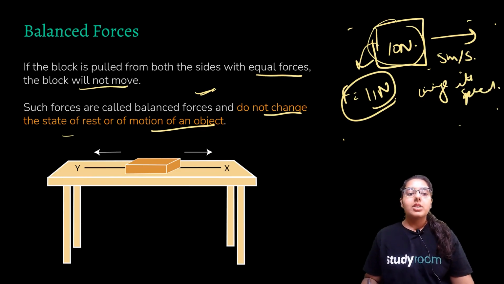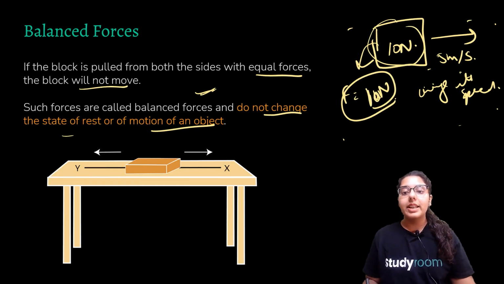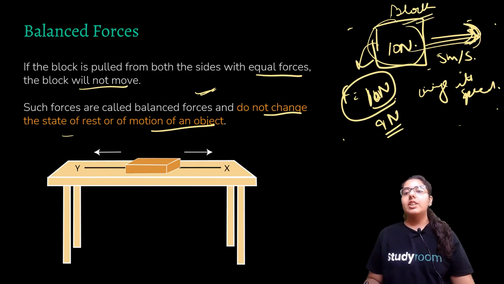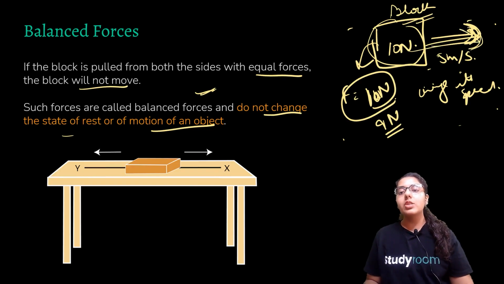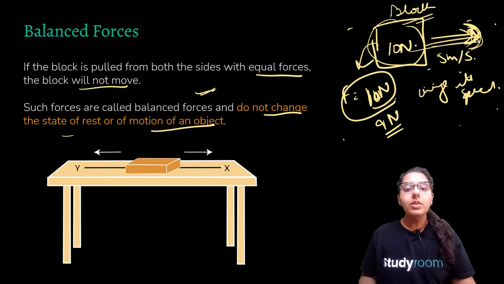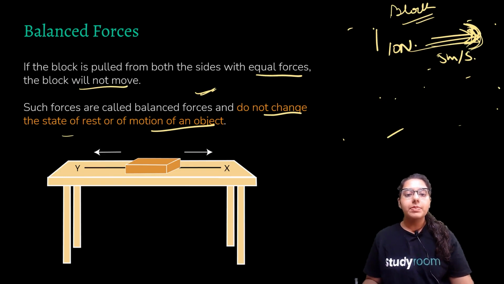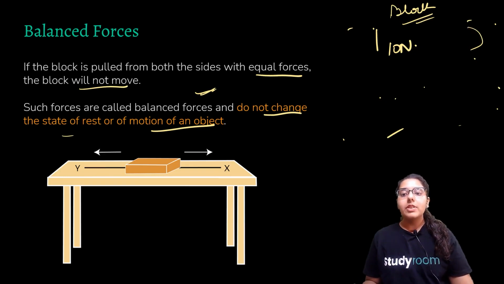Correct? But if you apply 10 Newton only, or less than 10 Newton, or 9 Newton, let's say, the block will continue to stay in the same direction and with the same speed with which it is going. Okay. So hence we conclude, what are balanced forces? The forces which do not change the state of rest or motion of an object.